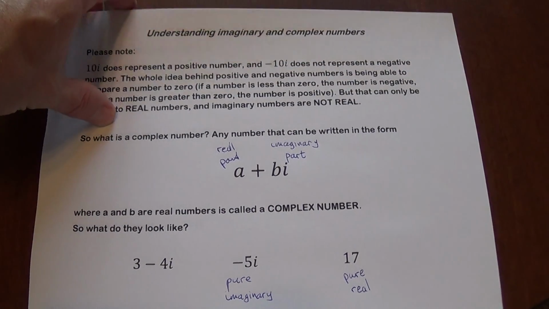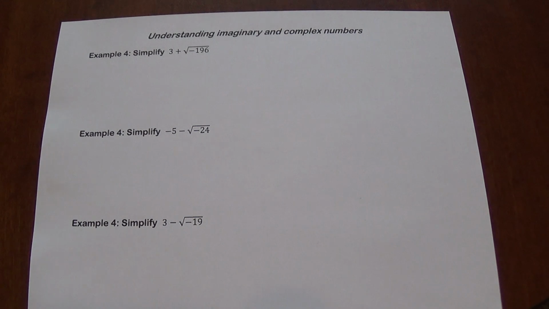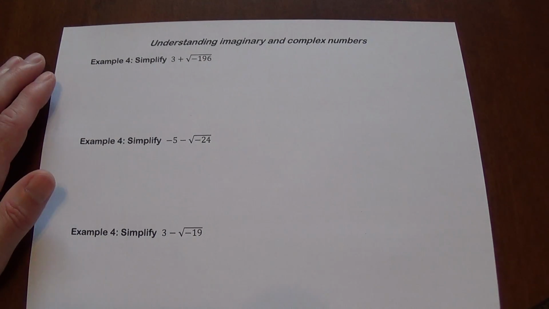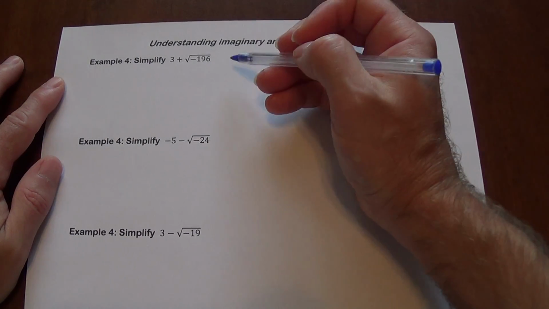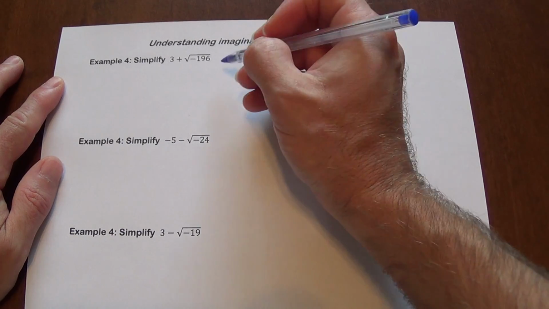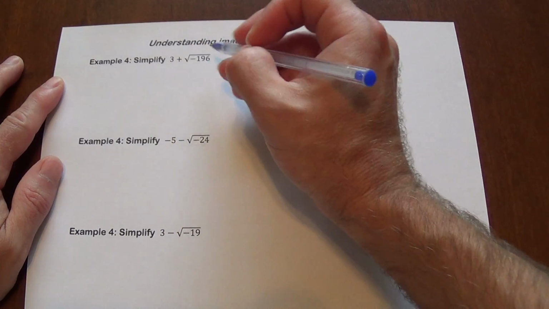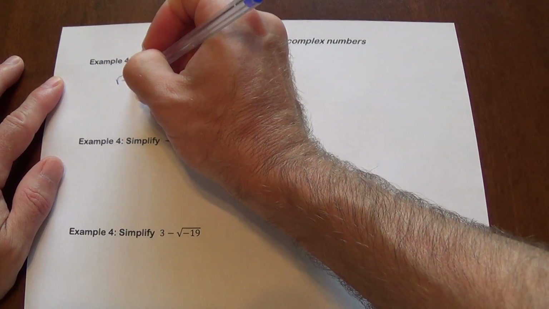Alright, so let's take a look at a few more problems. How do you work with an expression like this? You have 3 plus the square root of -196. If you remember what we did a couple of minutes ago, you should realize that 3 is going to stay there. Then we deal with the square root of -196.